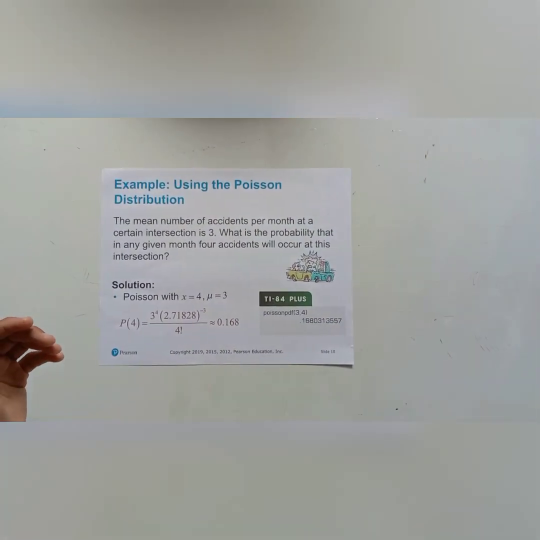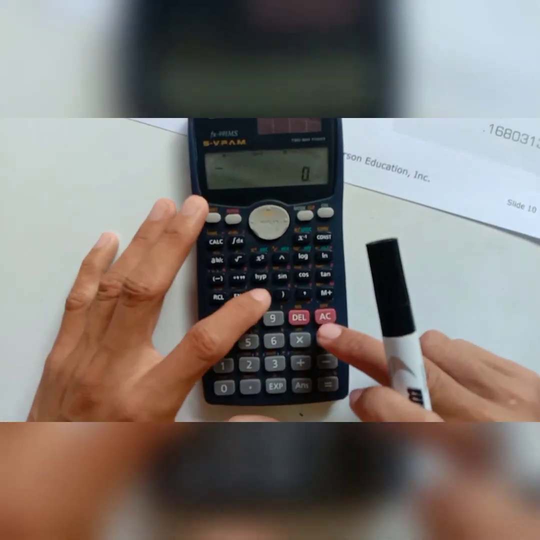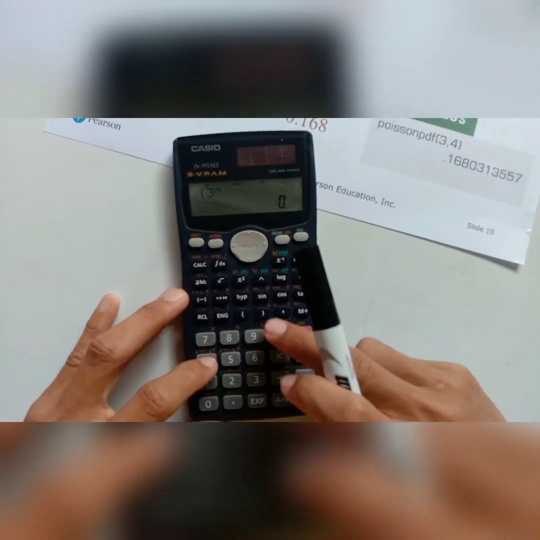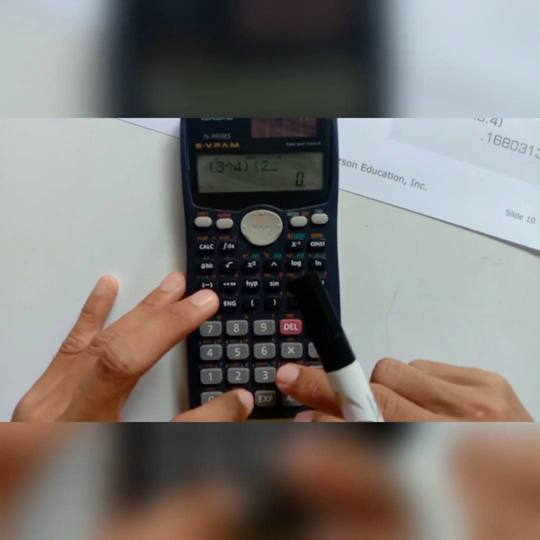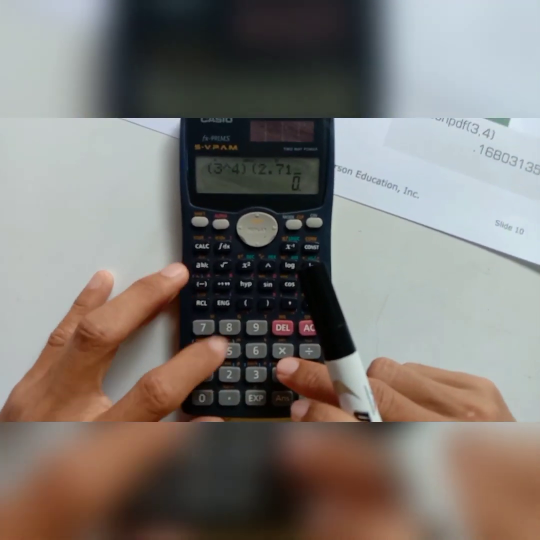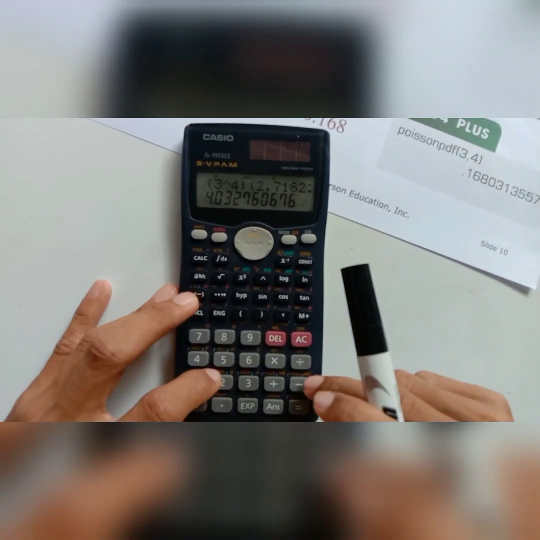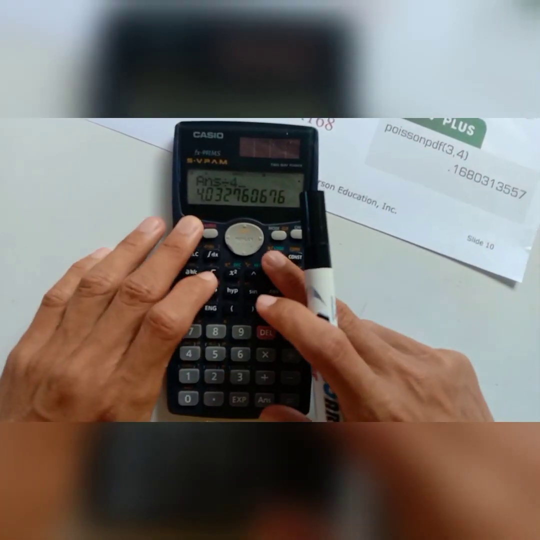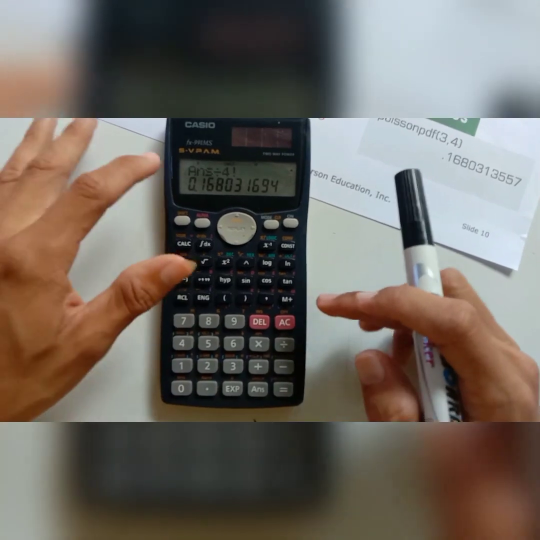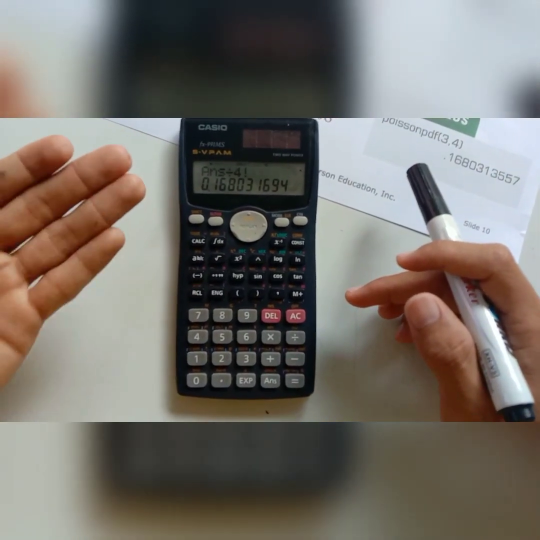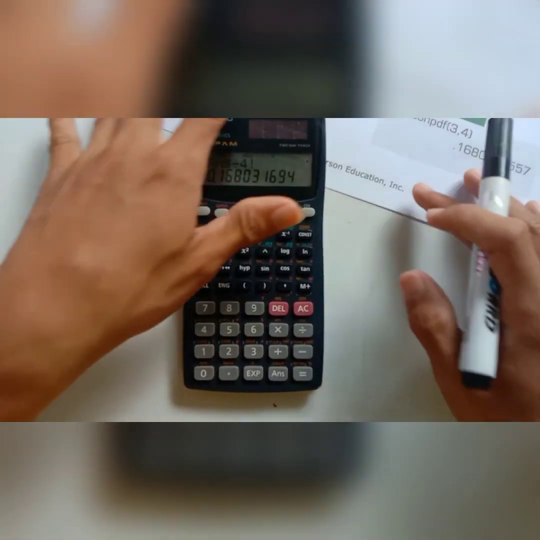If we plug it in our calculator, 3 to the power of 4 times 2.71828 raised to the power of negative 3 divided by 4 factorial, we get an estimate of 0.168.